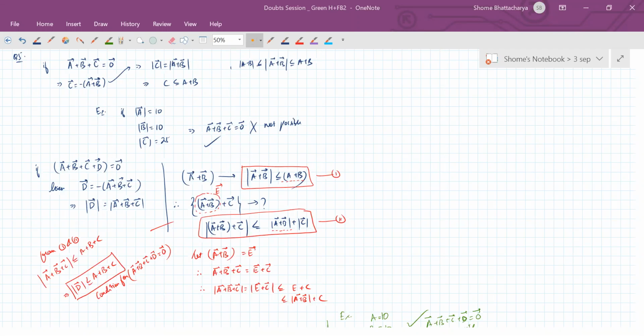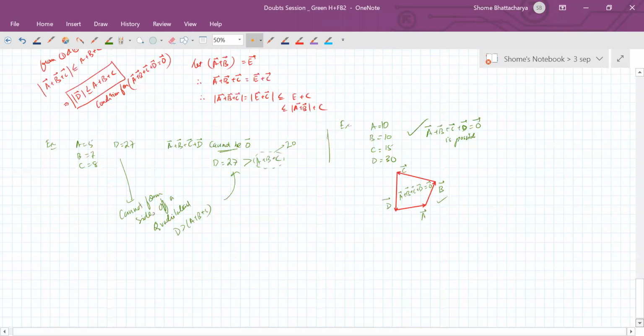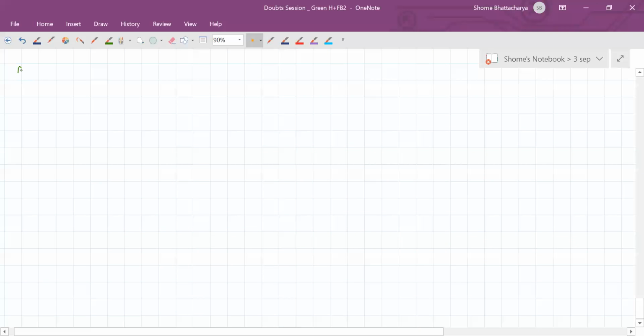Okay, so in question 8, you have to just use the dot product to find the work done. So I'll just explain the question. This should be very easy. So the force is given to us in component form.